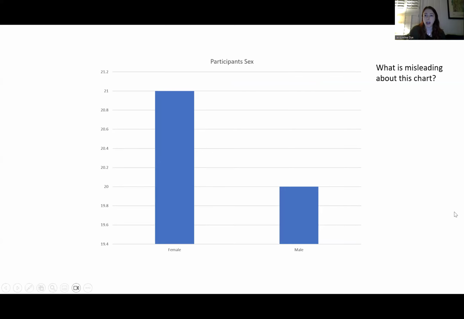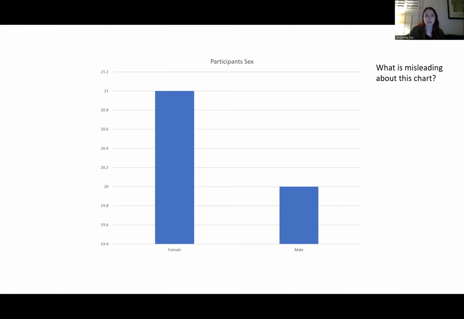Now if we look at my little box here, at data visualization, this is an example of bad visualization. In the data set we just looked at, we had 21 females and 20 males. And this chart is rather misleading. I'm sure you can think of why that might be.